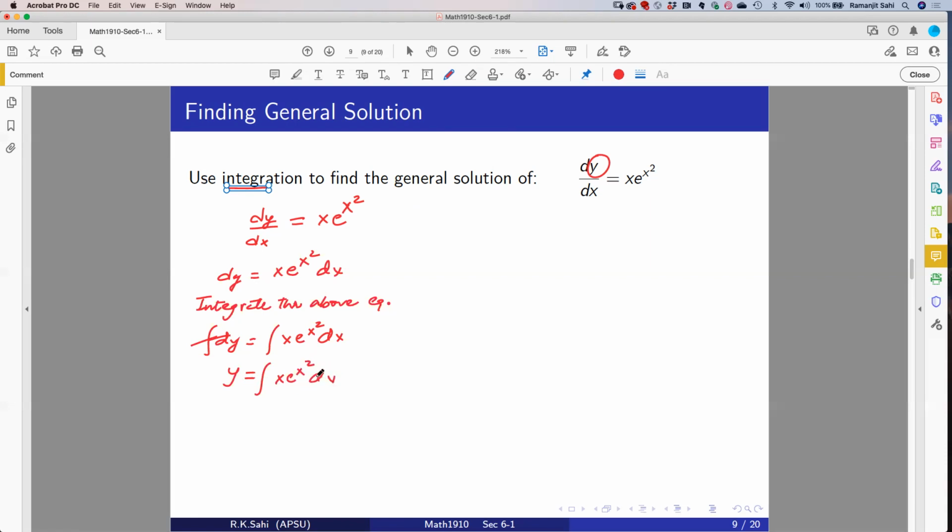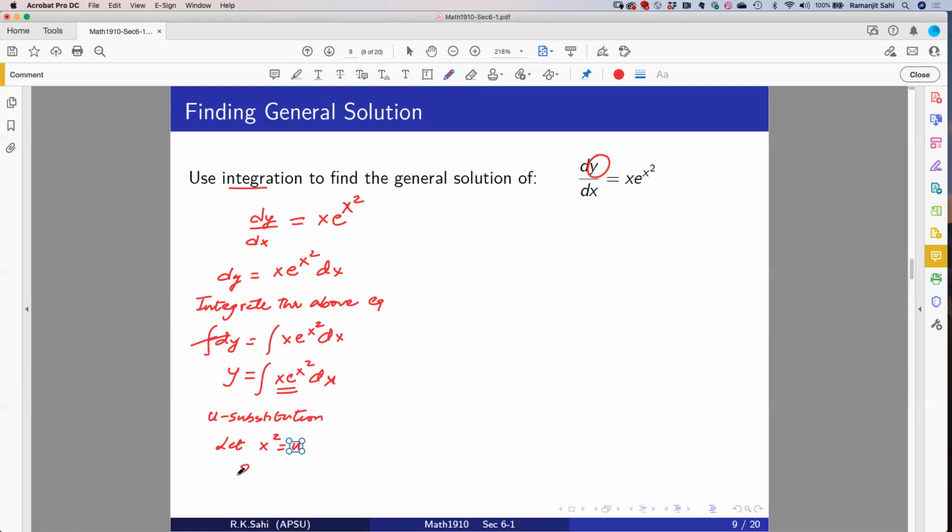to find the integral of this function, we're going to use u substitution. Let x squared equal u.